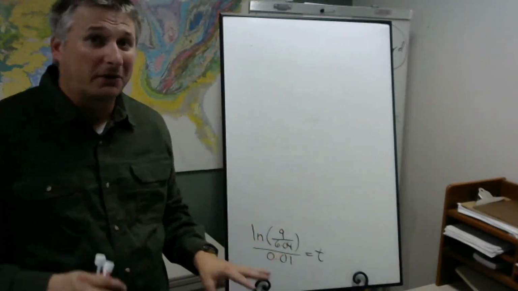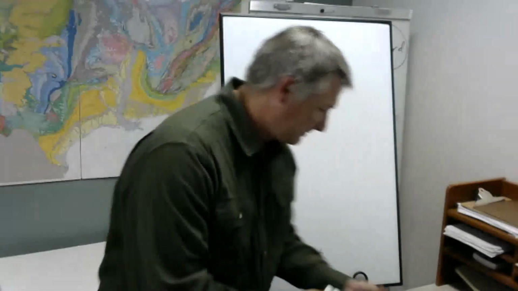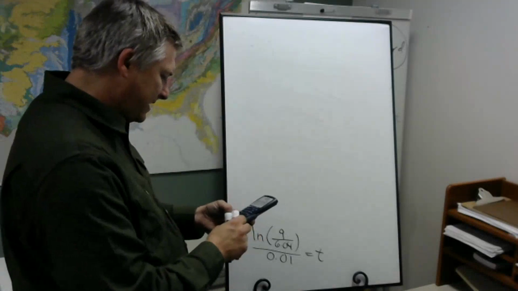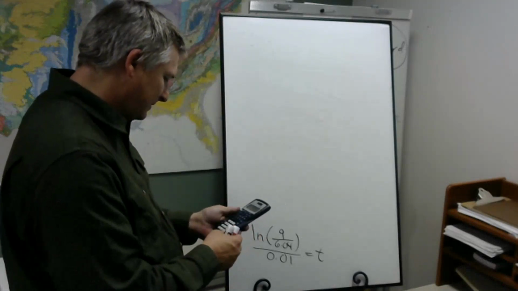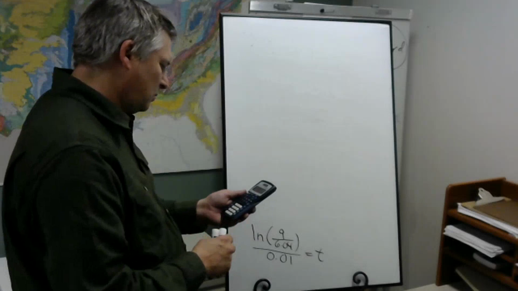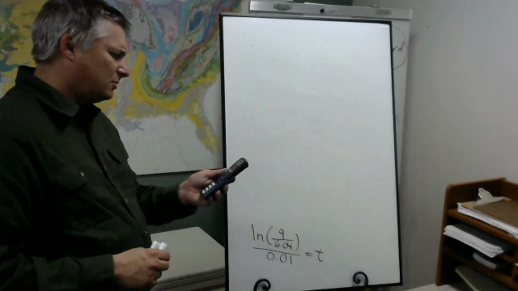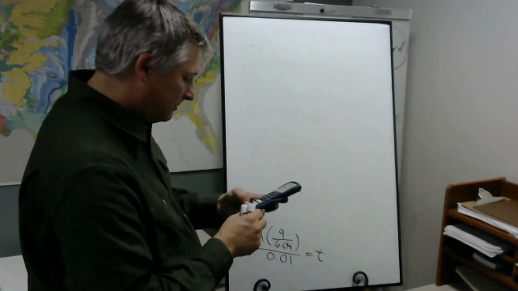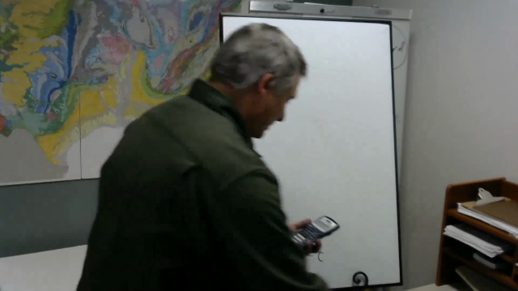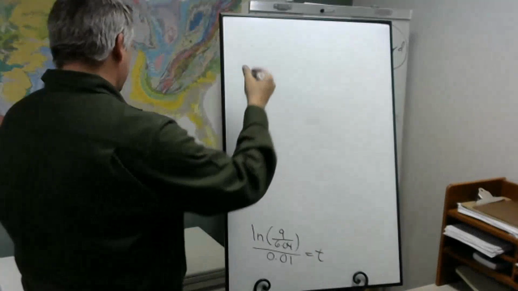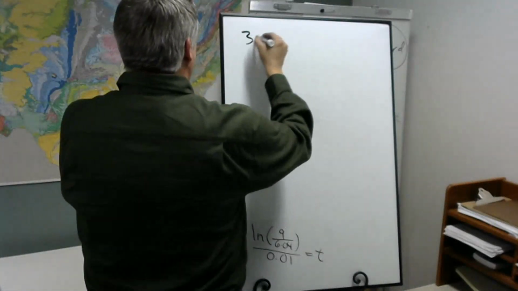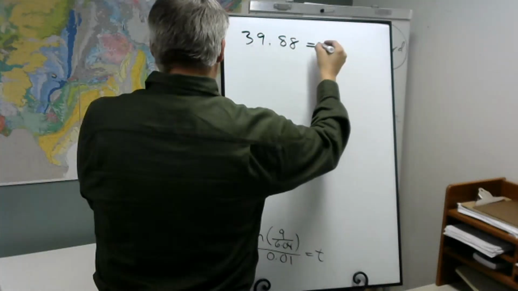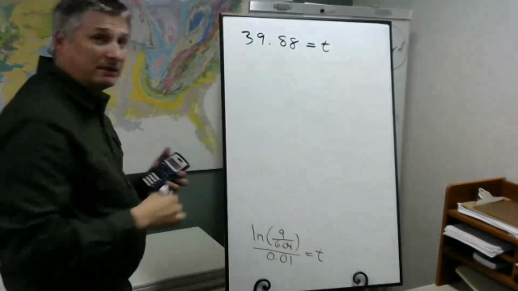Try not to round until the very end. I'll do natural log of 9 divided by 6.04. Get a number, 0.398820565. Divide that by 0.01, and then I get 39.88, to the second decimal point, is t.